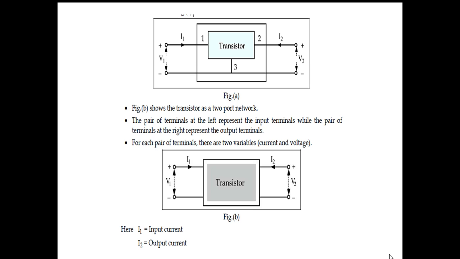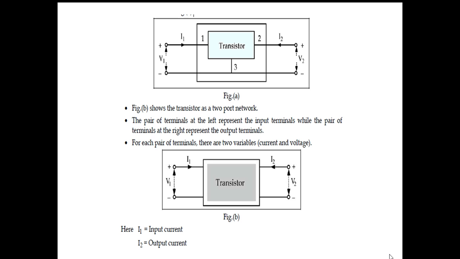In the common base configuration, the base is taken as common to both input and output. Therefore, it is called the common base configuration. Whereas in common emitter, the emitter terminal is taken as common. Therefore, it is called the common emitter configuration.